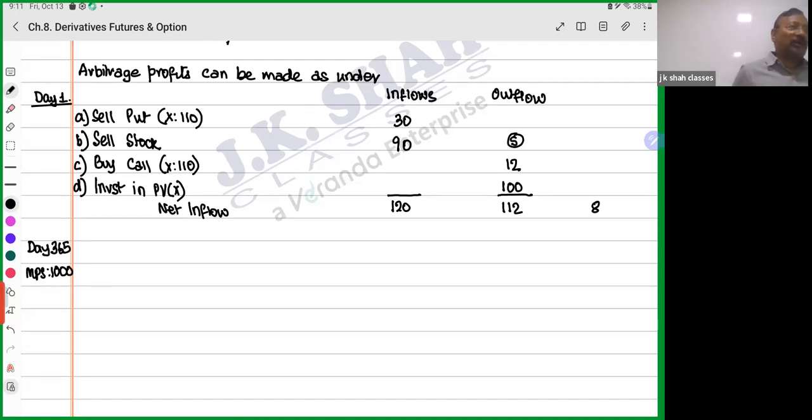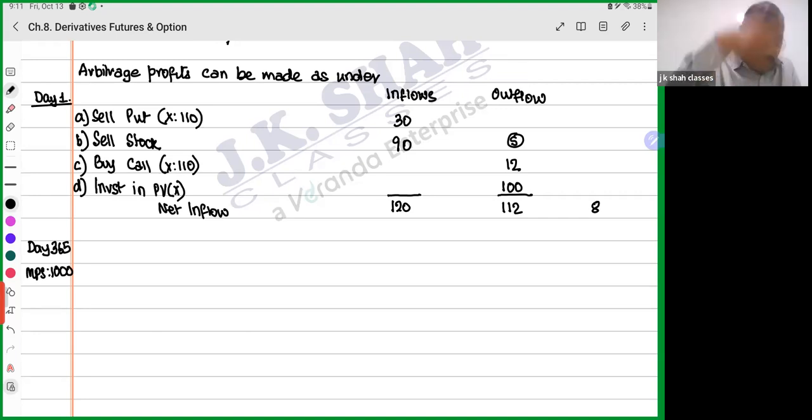Now, you have sold a put, right? With a strike price of 110. Market price is 1,000. What will be the value? Will this put be exercised by the buyer? So what will be the value of this put? Remember, now we are talking about day 365, right?